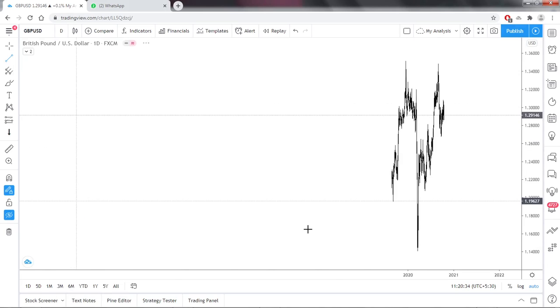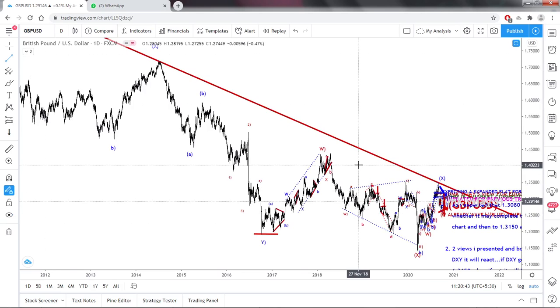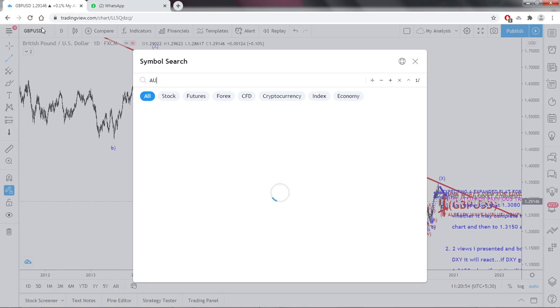It has to break this, that corona drop, and only then will it complete the structure. And I have already shown you my positional view. This is a Y, so this is an X, and I am expecting the Z to the downside. So let's see.